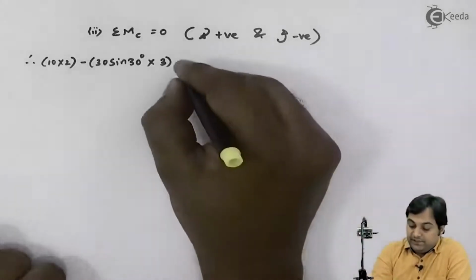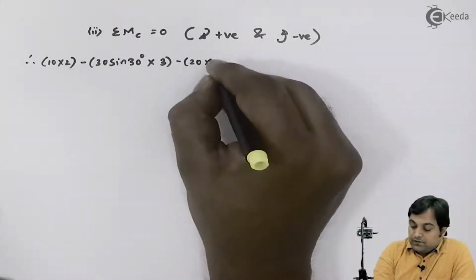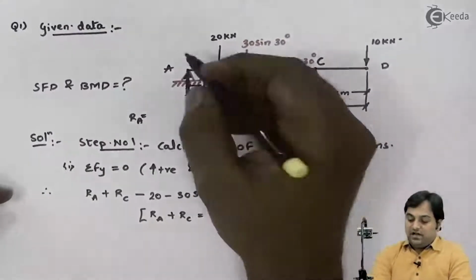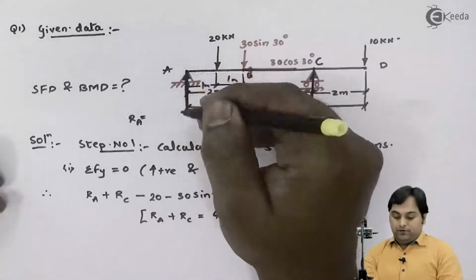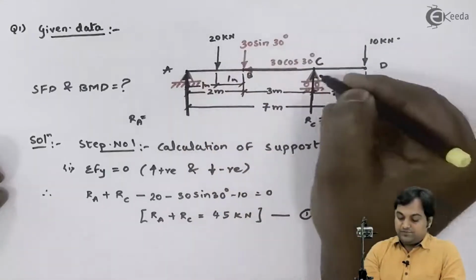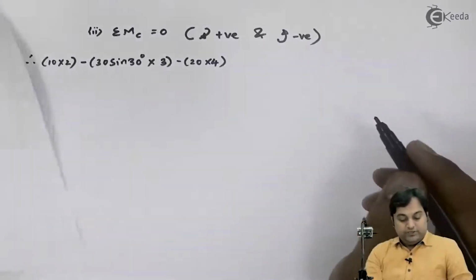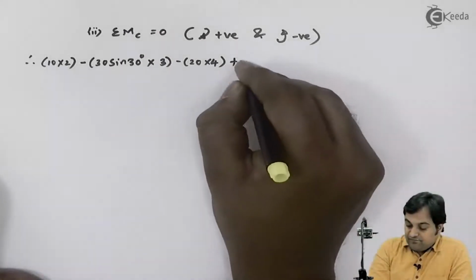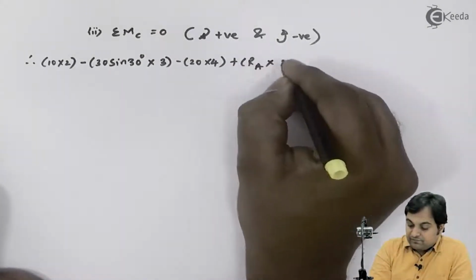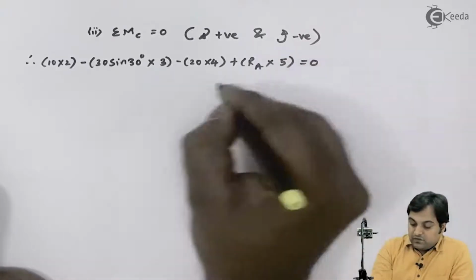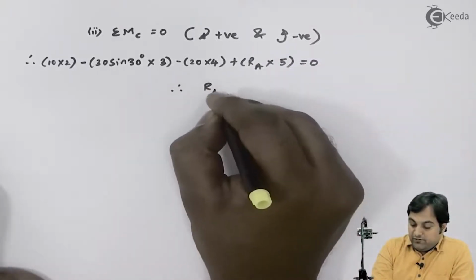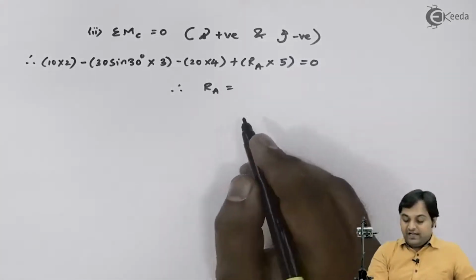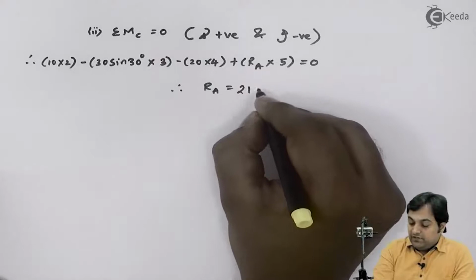So minus 20 into 4. At last, I have RA, which is acting upward and it will be producing clockwise moment at point C. So it is plus RA into 5. So if I calculate all values here, I will be getting my answer of reaction at A as 21 kilonewton.